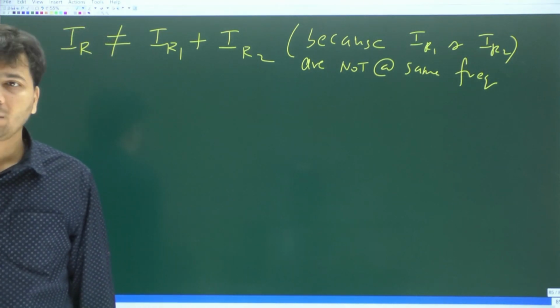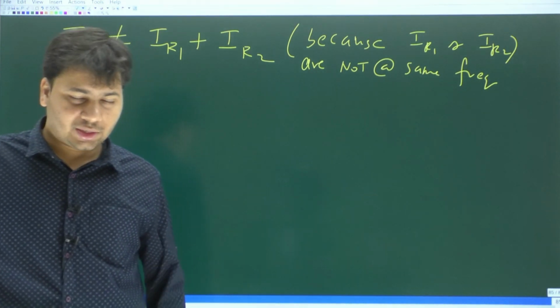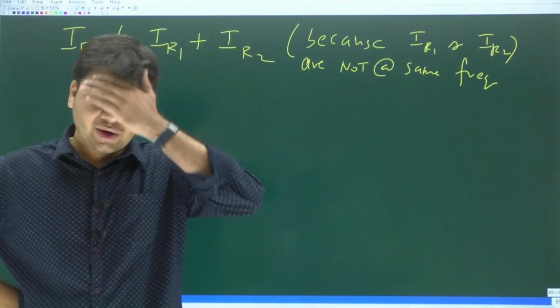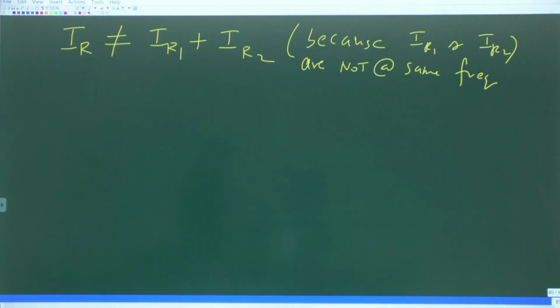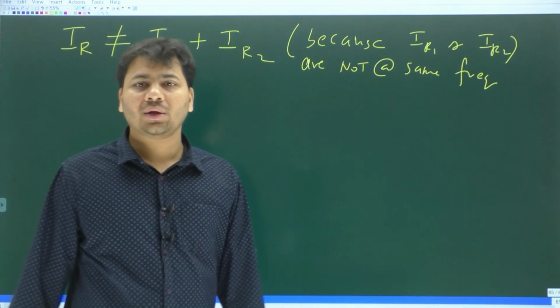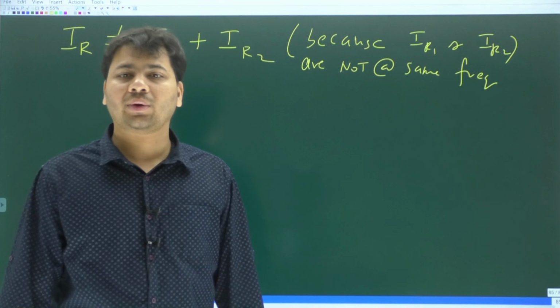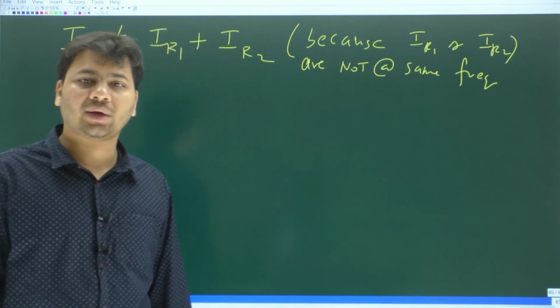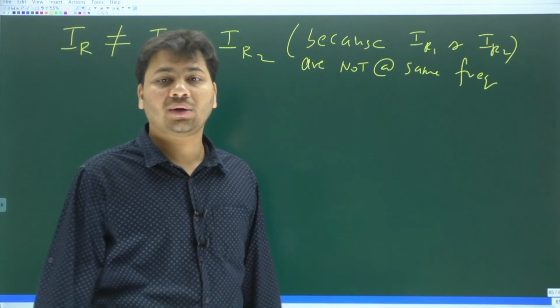Please tell me. Yes, we cannot add the two phasors IR1 and IR2. Then how will you find the net current? We add it in the time domain. That's very good. So we have to convert each phasor into the time domain, and then add the two results in the time domain. Do not add the two phasors, but rather convert each phasor into its time domain representation, and then add the results in the time domain.